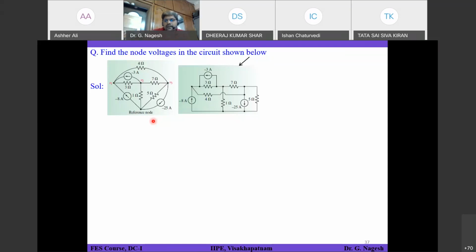So try to write down all these three equations. Solving is a normal thing. Writing the equation is the only important part. So please try to write taking the current direction and polarity, minus sign or plus sign, whatever it may be. Try to write the equation at node 1, node 2 and node 3. I will wait for some time, and let's see what you will write and whether it will match with my calculation or not.